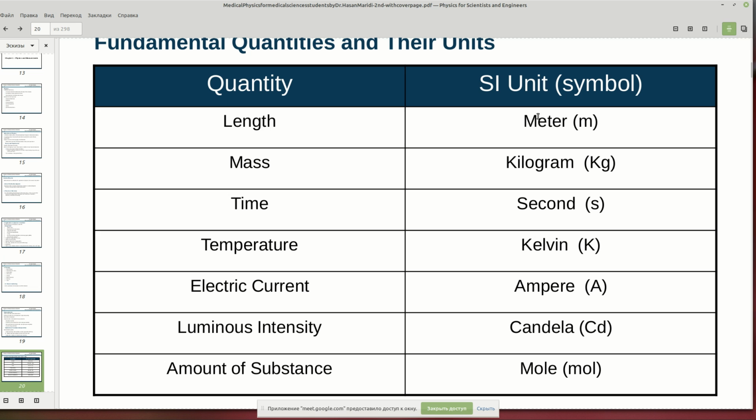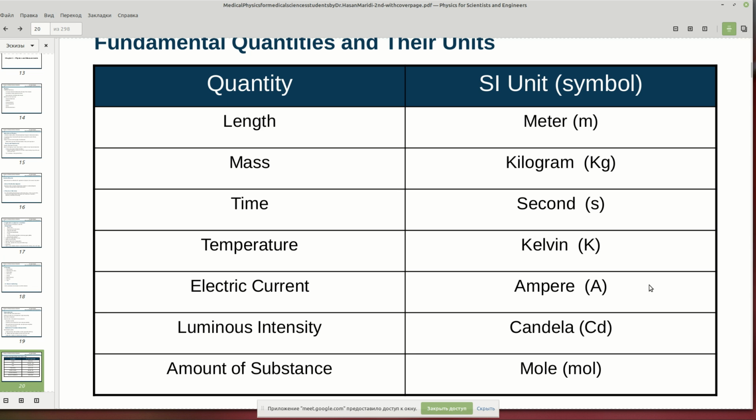Yes, length is a meter, M, the letter symbol. Mass is a kilogram. Do you remember that kilo is 1 multiplied by 10 to the power of 3? Yes, it's 1000 grams actually. Time is a second, S.